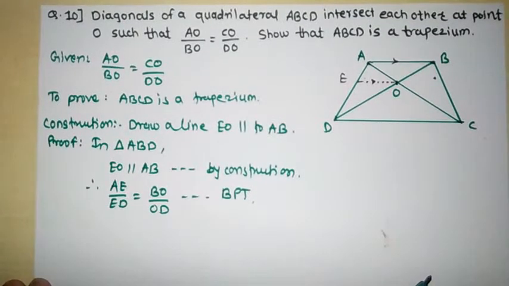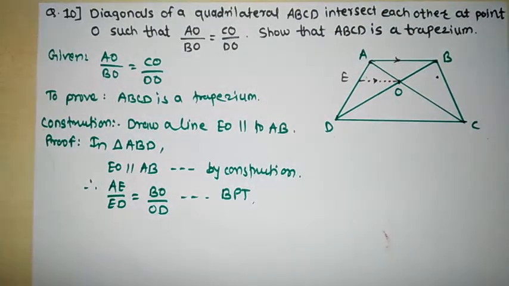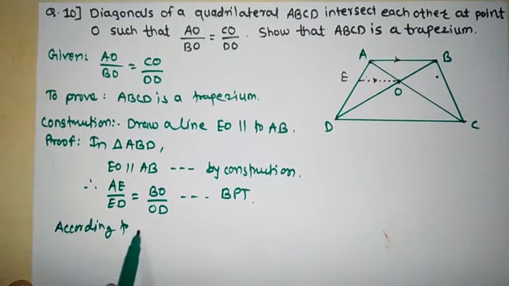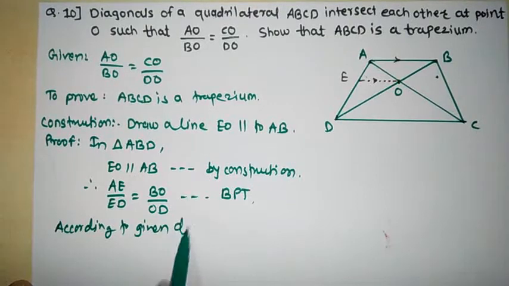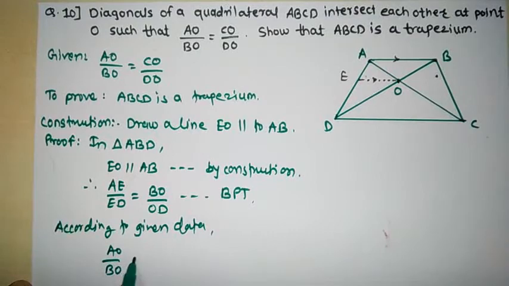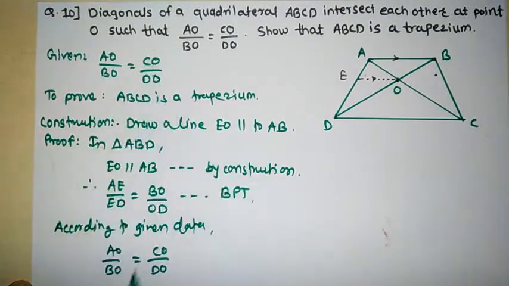Now we have to apply the same thing in triangle ADC also. Before that we will use the given data. According to given data, AO by BO is equal to CO by DO.